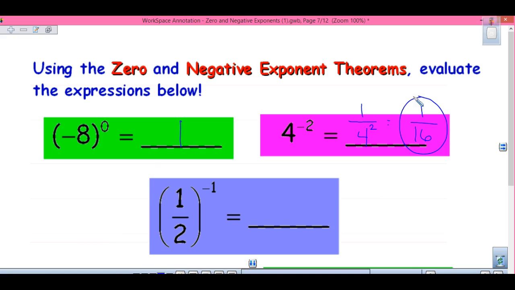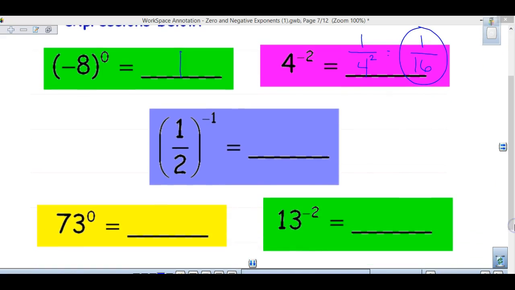Okay, now, if I have a fraction to a negative exponent, don't punch it into your calculator, stop punching buttons. Okay, write this to the side of it.